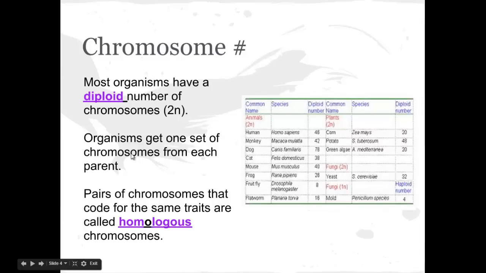Okay, so that's what we said here. Organisms get one set of chromosomes from each parent. So if we have 46 chromosomes, we get one set of 23 from mom, one set of 23 from dad.